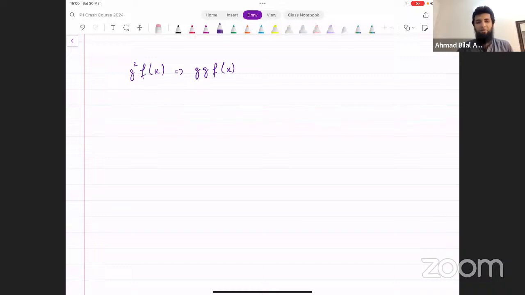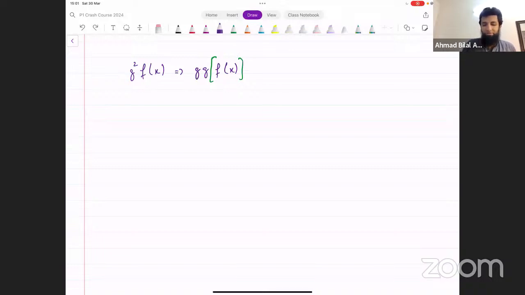Now, how do you evaluate this? You start evaluating this from the innermost function, because remember, x is the input. Which function is applying on x first? The function that's closest to it. f is the one that's closest to it. So what happens the first time is, we could use a bracket like this, and we could say, inside this function g, we have to input this function f.